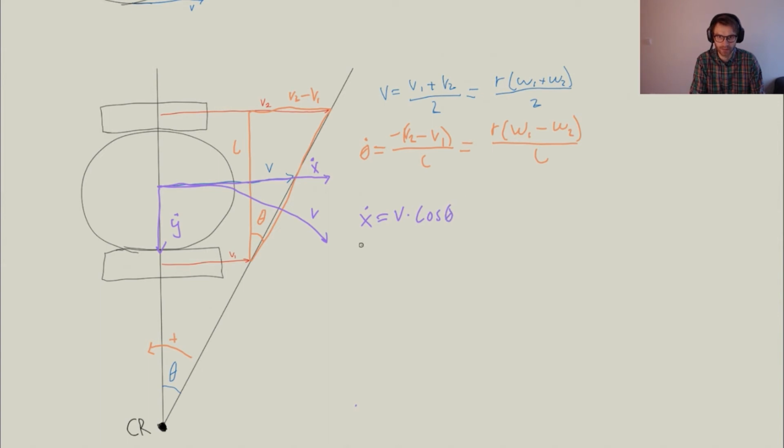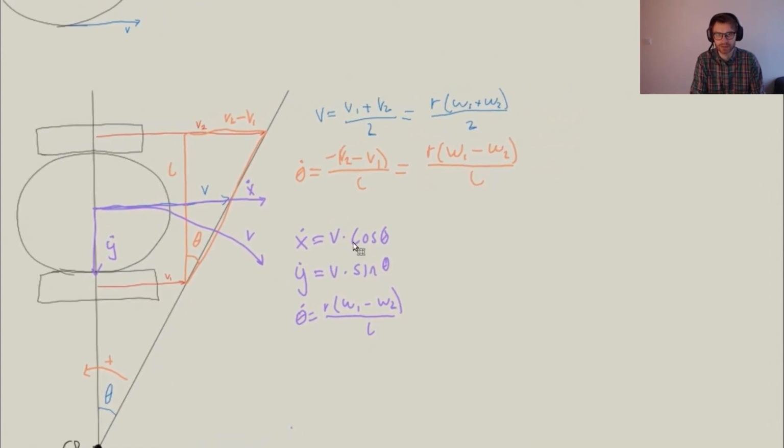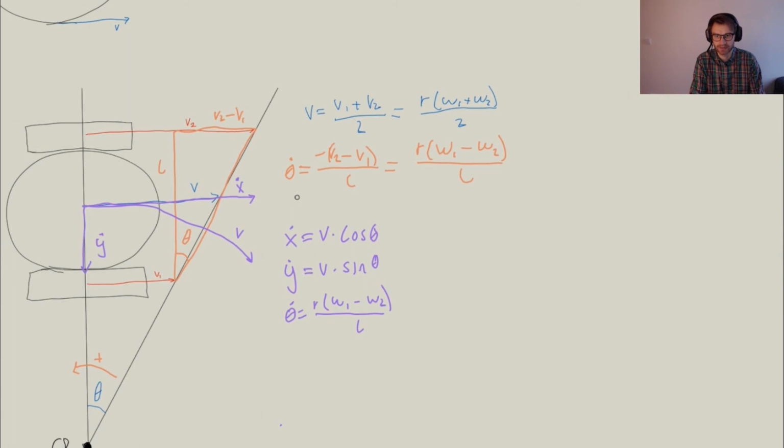Then we have y dot, which is the linear velocity times the sine of theta. Then we will rewrite theta dot over here for a reason that you will soon notice: omega 1 minus omega 2 divided by the wheelbase. So these equations are in continuous time space. So I'll just write continuous.